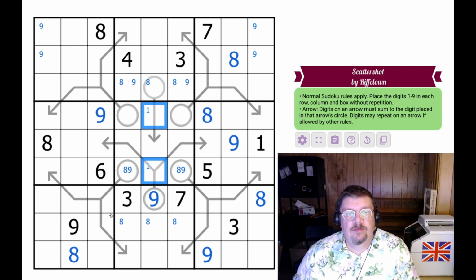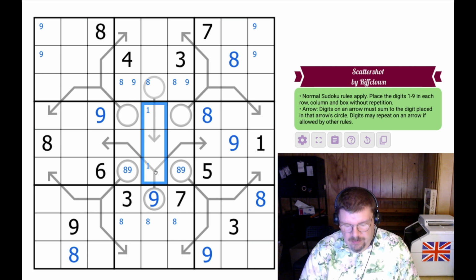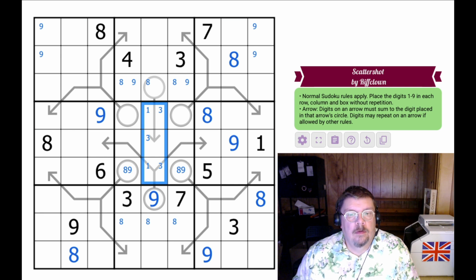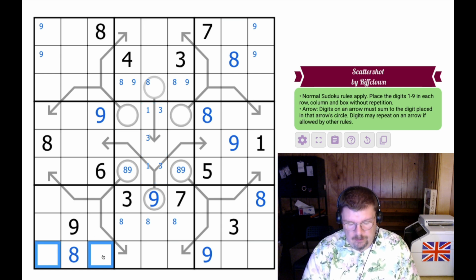These 3s, put a 3 in one of those 3. These 3s, put a 3 into one of those 2.